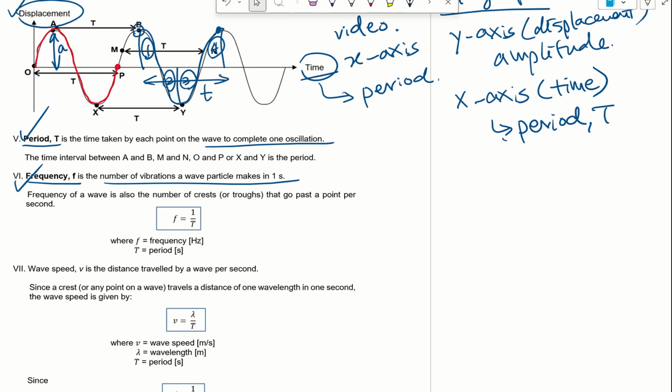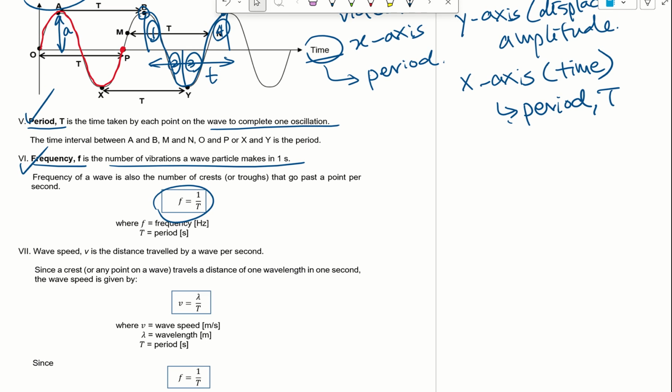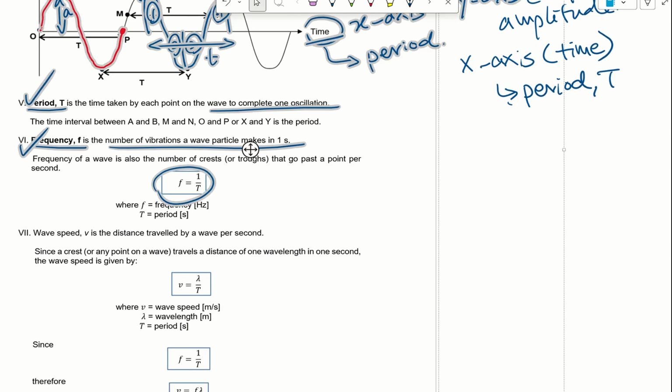And we have a formula. Frequency is also the number of crests that go through a point per second. That means we have this formula, f equals 1 over T. That means it's inverse. The longer the period, the smaller the frequency. The SI unit for frequency is hertz, capital H, small letter z.